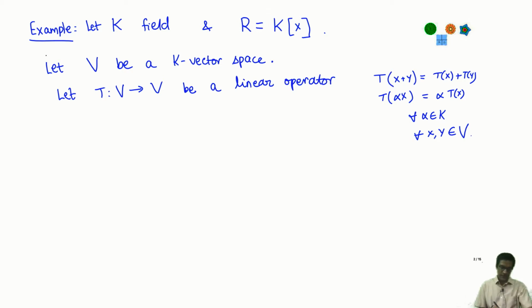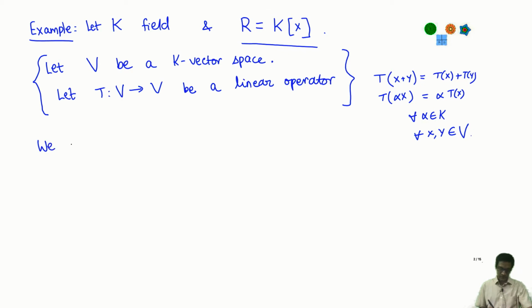Now, if I take a vector space and a linear operator on that vector space, this data can be used to define a module over the ring R. How is that? Let me describe this construction.